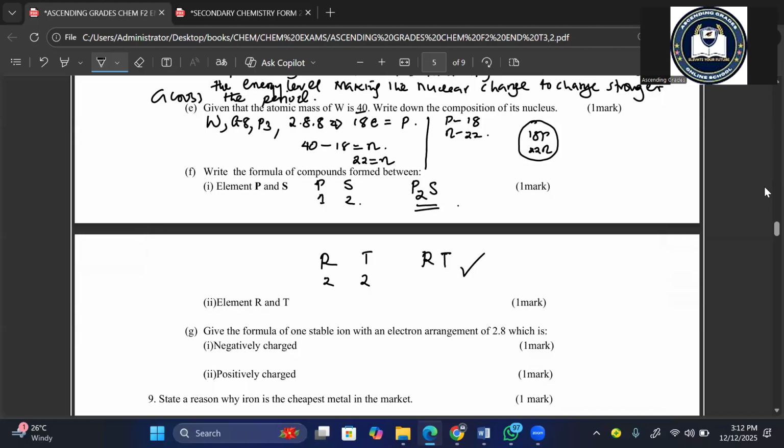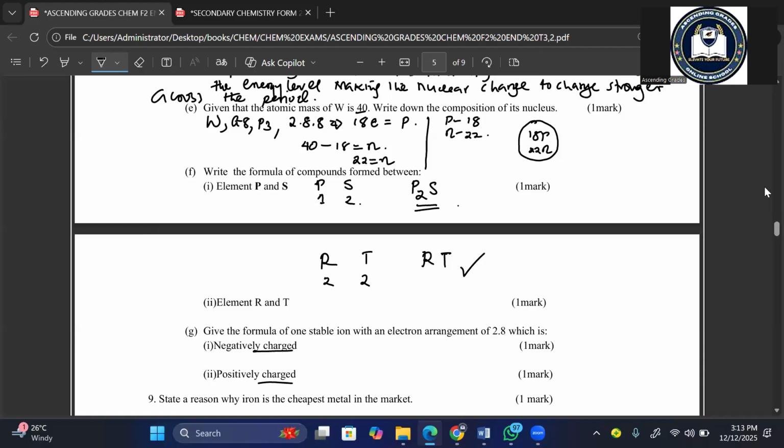Write the formula of one stable ion with an electron arrangement of 2.8 which is negatively charged, and another one which is positively charged. Remember, we are extracting all these from the table.